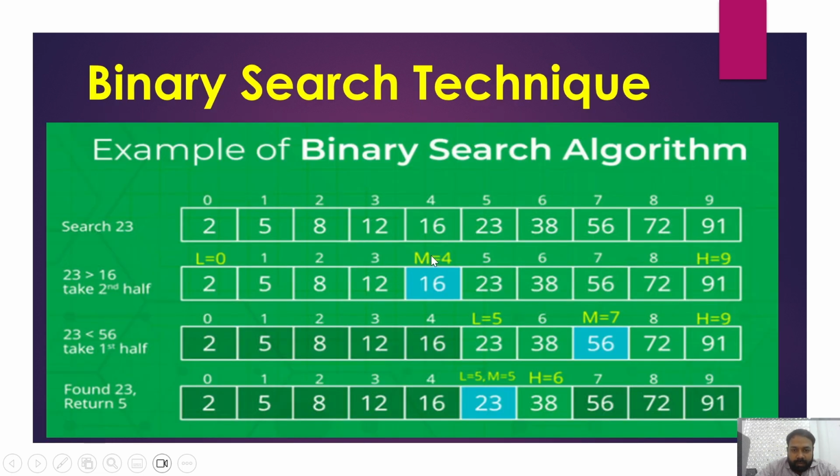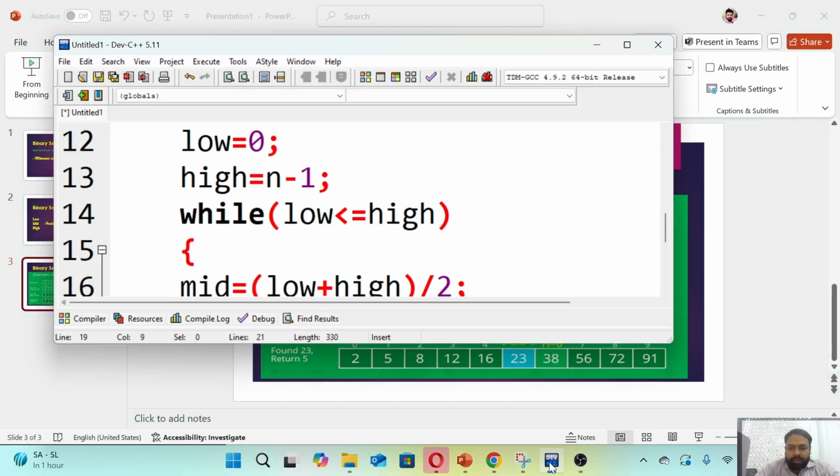After finding the mid element, you are looking at whether the element is in the first half or second half. If it is in the second half, low equals mid plus 1. If it is in the first half, high equals mid minus 1. That is the only formula you need to apply. If you remember that, then everything is fine for you.